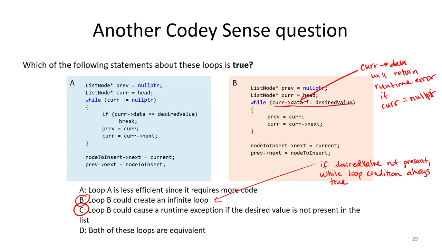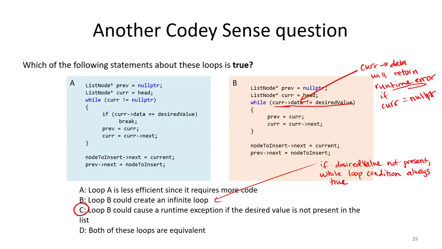So in this case, yes, we'll create an infinite loop, but once we reach the end of our list, we're going to get a runtime error. So eventually, we'll have that runtime error, assuming that our list has a null pointer at the very last node.